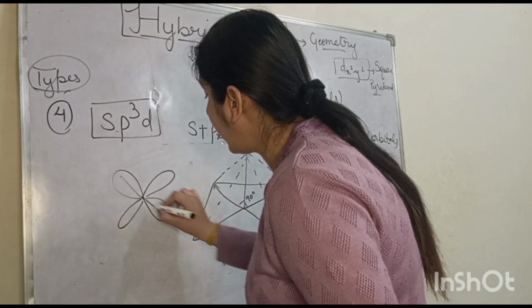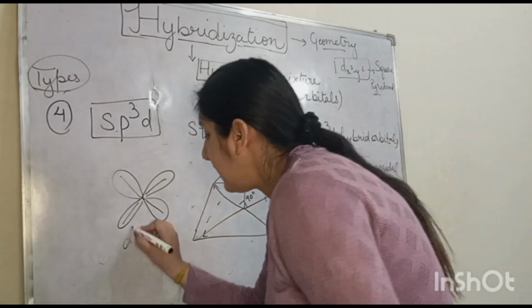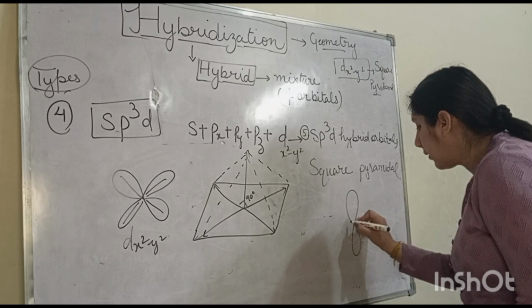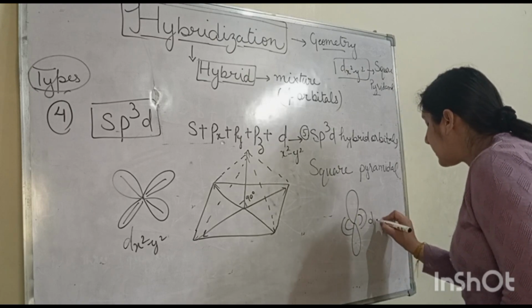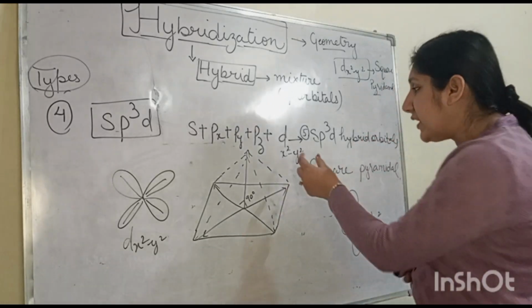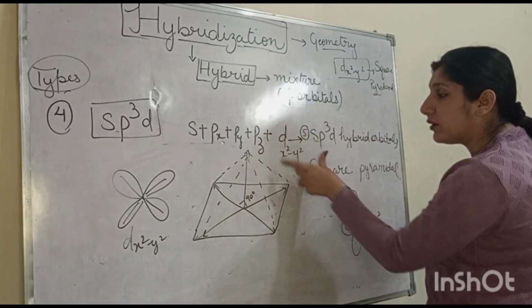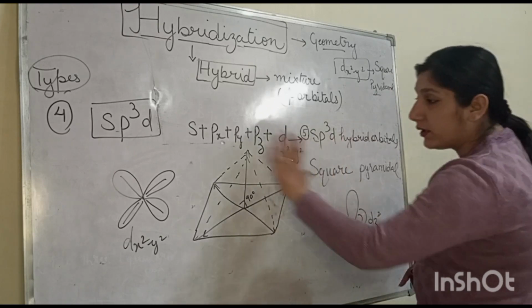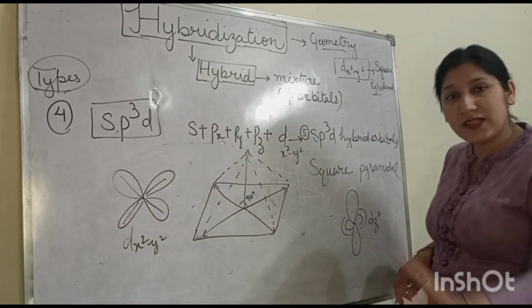This is dx square y square, but dz square is of this shape. So since hybridization is all about the orbitals and their shape, by changing the d orbital from dz square to dx square y square, the geometry of the hybridization gets changed.